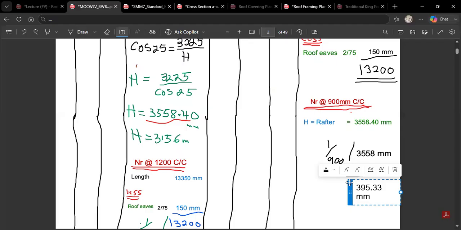But in meters, it's going to be a different value. If you want to write it in meters, let's say 395.33 divided by 1,000.